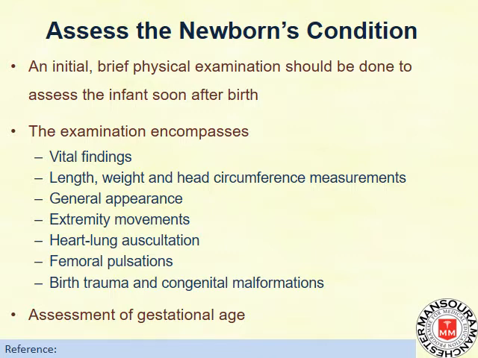You should also assess the gestational age, and we have the new Ballard score, where you can evaluate if the baby is full term or preterm and what is the approximate gestational age of this baby, according to certain criteria in the muscle tone and in the physical exam of the newborn.